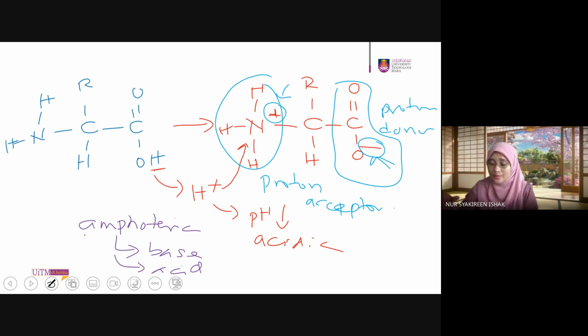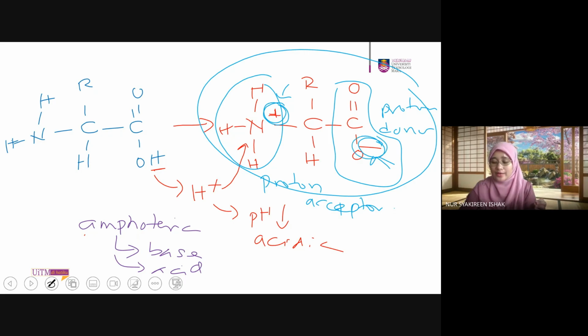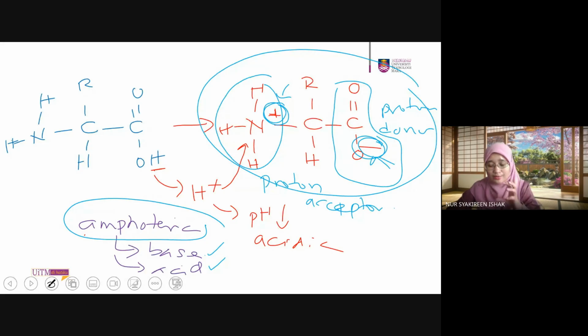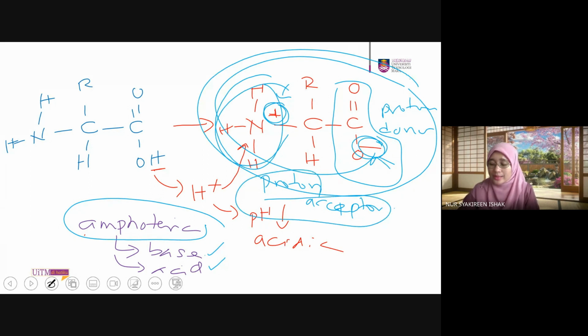So amino acid is amphoteric because it has the property of being acid and also base, kan. So itu awak kena faham kan. So this is a zwitterion, it has both positive and also negative charge. Amino group is a proton acceptor, the carboxyl group is the proton donor.